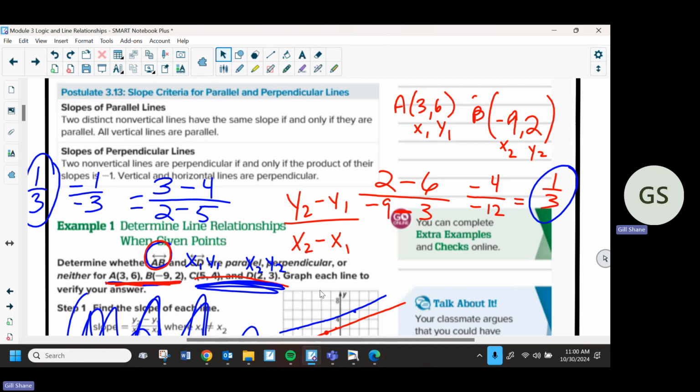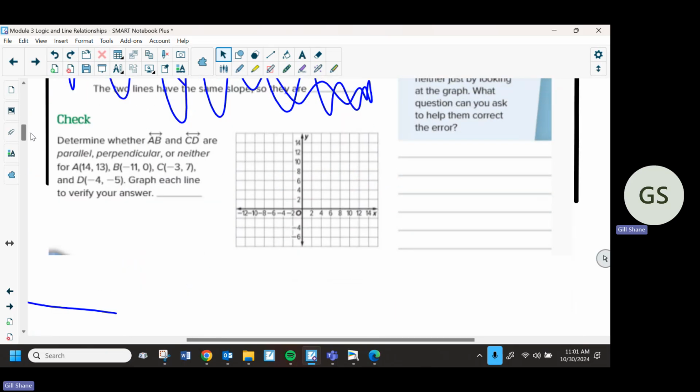So just really quickly, and I'm not putting the points exactly where they are. Oh yeah, that's the check problem, right, David? That's the check problem. Hold on, I'll show you what I mean. It's that problem right there that we're doing.